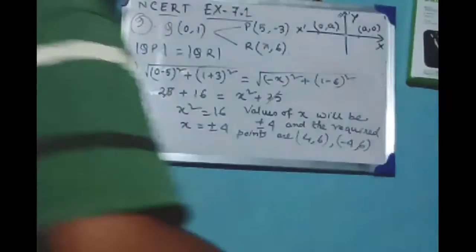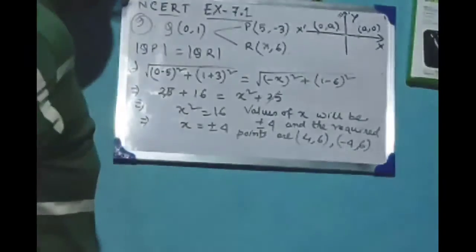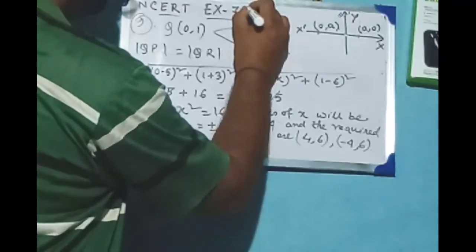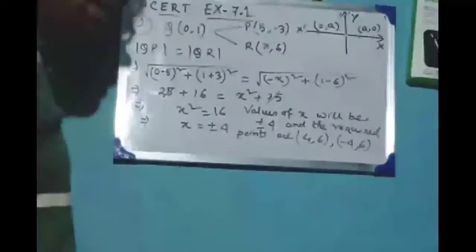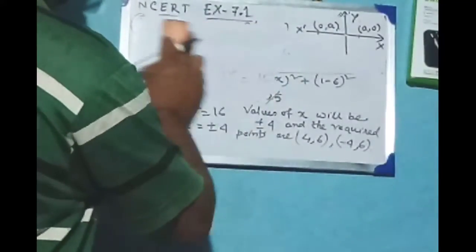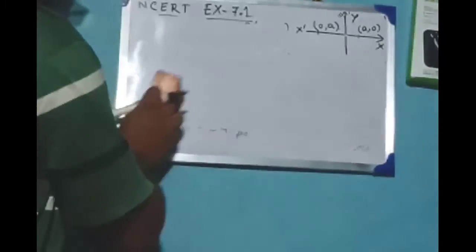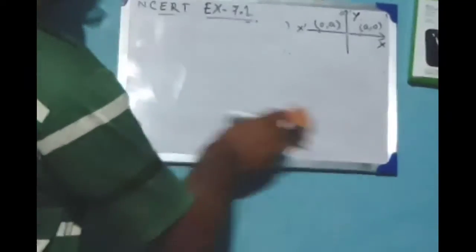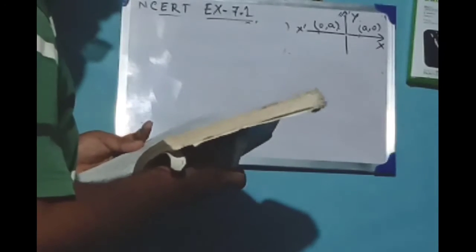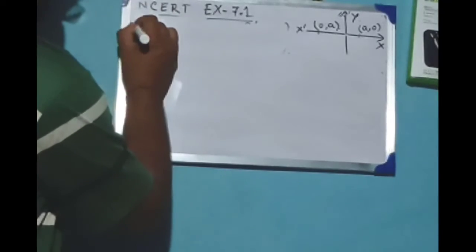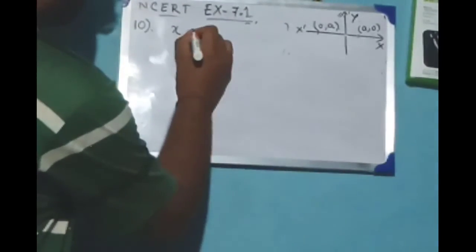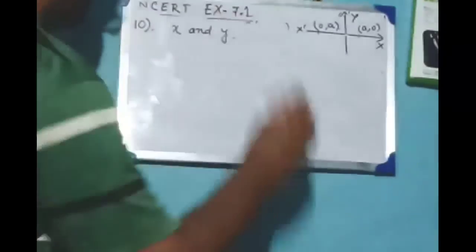This is the last question of this exercise. Hope you are able to see the exercise number. Exercise 7.1. Okay. Next, move to question number 10. Now, in question number 10, find the relation between x and y.